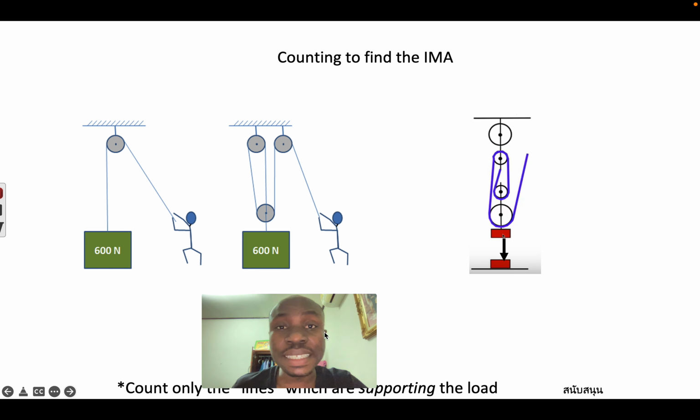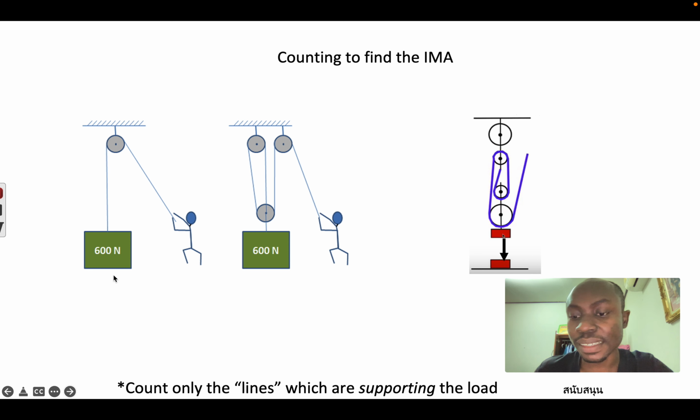Now there is an easy way to find the IMA by counting the number of lines which are supporting the load. Okay, support in Thai. So let's look at this example number 1. How many lines are supporting the load? They are helping to hold the load.